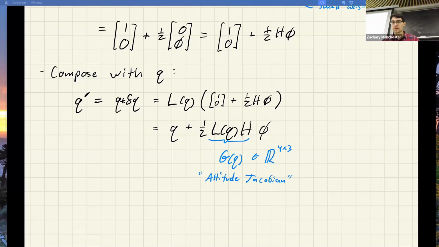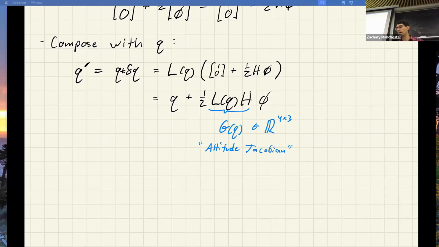Okay. A quick note on this. We derived all of this with this quaternion picture, and we weren't super explicit about what the parameter guy is. Is that an axis angle? Is that a vector part of a quaternion? Is it something else? I guess we kind of said it was a small axis angle. It turns out for tiny rotations, for infinitesimal rotations, it doesn't matter.